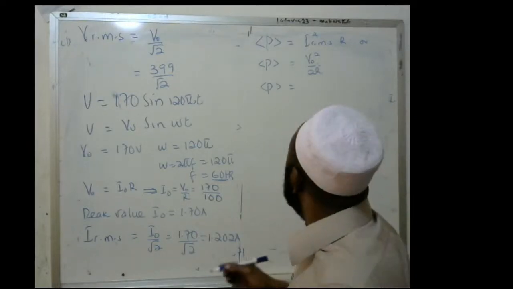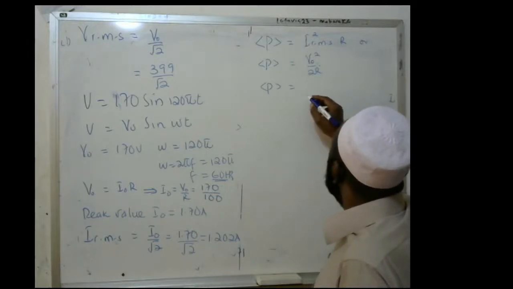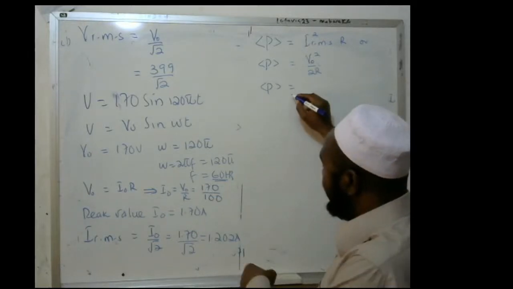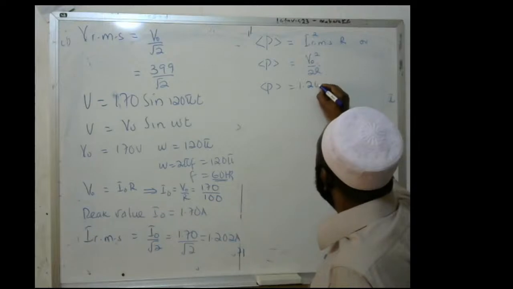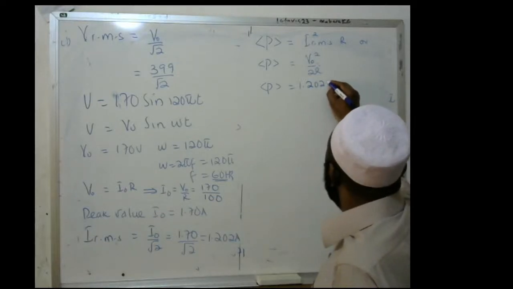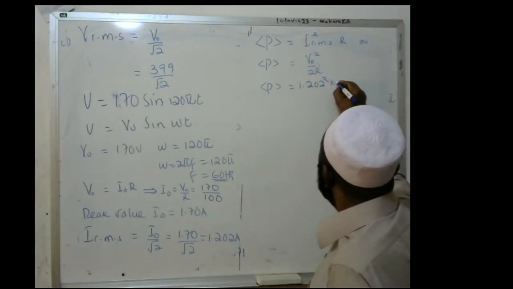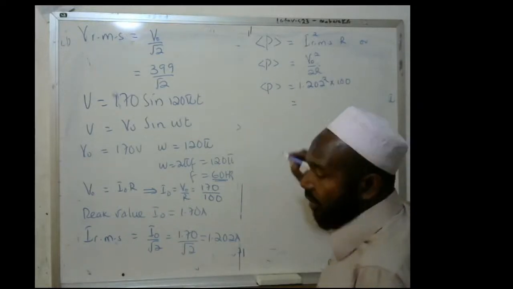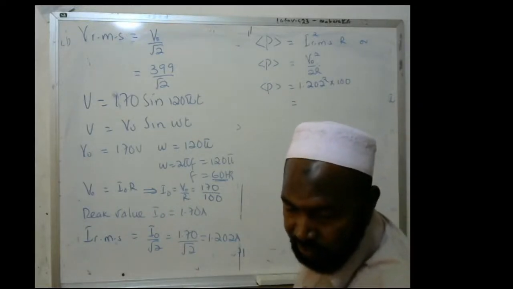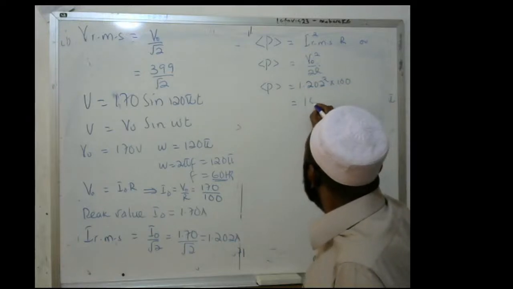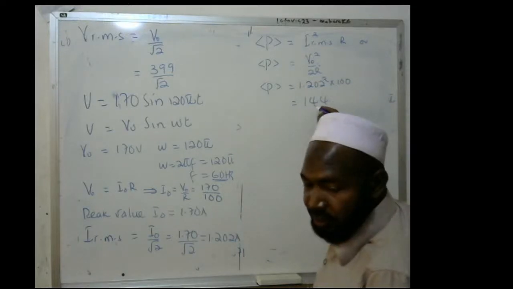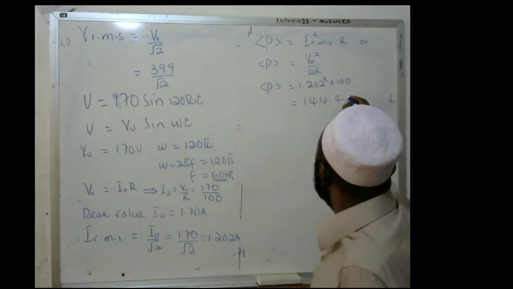Any of the values used will give you the same answer. So you can say I RMS value is 1.202 squared times the resistance R. So you can get the power to be equal to 144.48 watts.